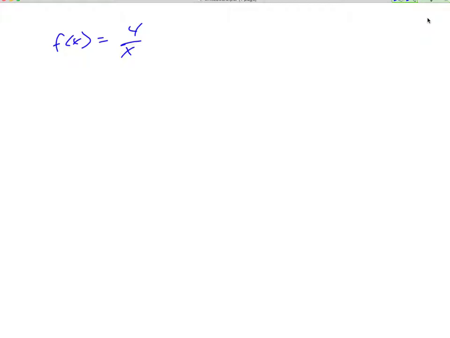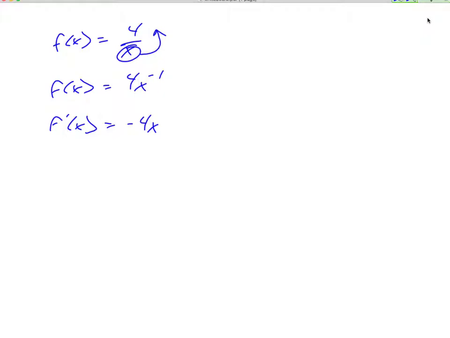Alright. Here's what I want to do. First thing I want to do is move this to the top. So that makes it x to the negative 1. And then I do what I've been doing. So I do negative 1 times 4 is negative 4, and then I subtract 1.